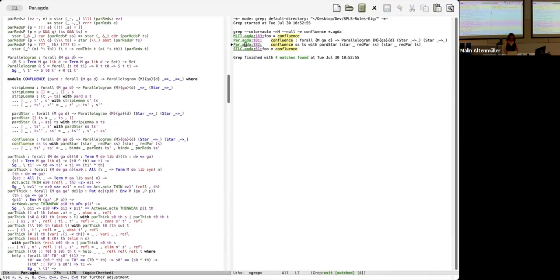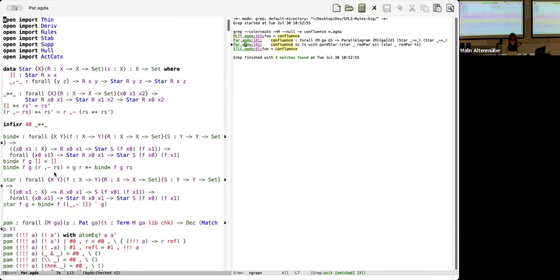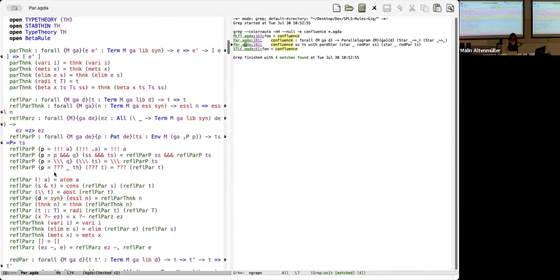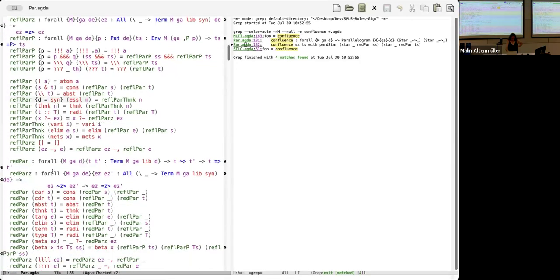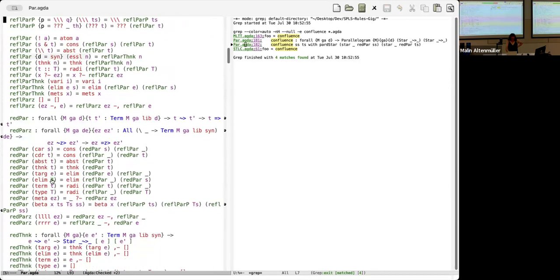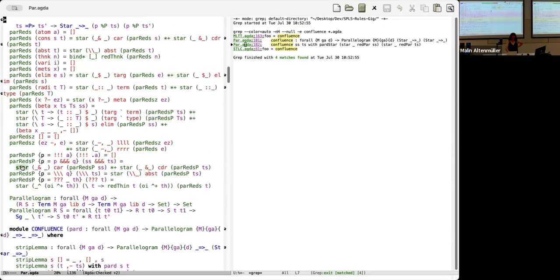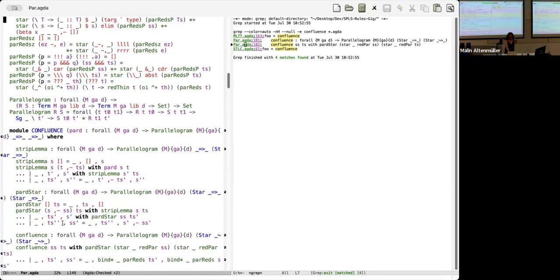There's a whole bunch of stuff about parallel reduction: reflexive transitive closure and a whole bunch of stuff involving that, and then all sorts of lemmas about parallel reduction.